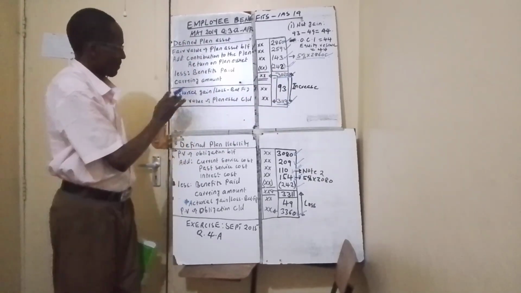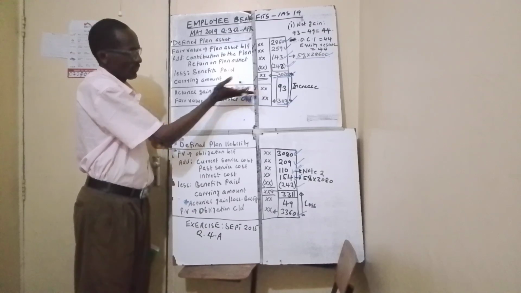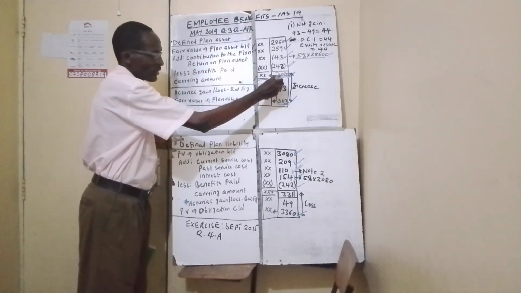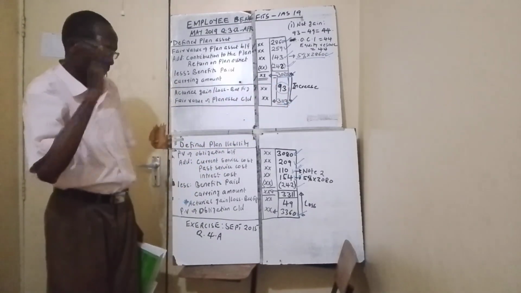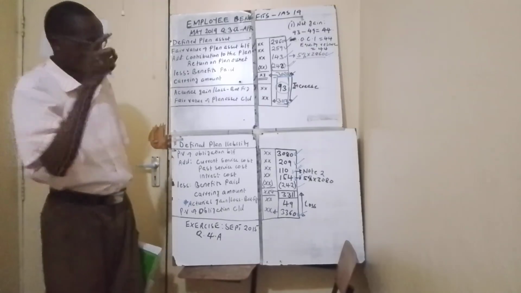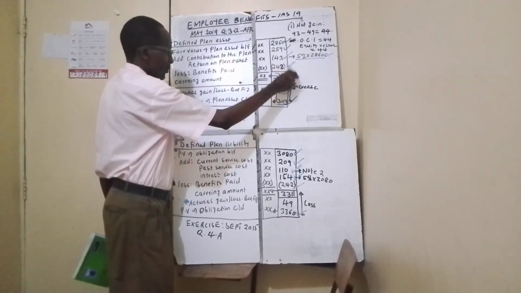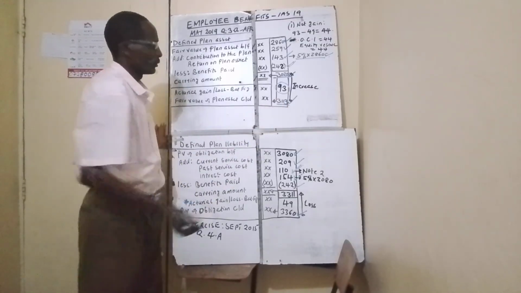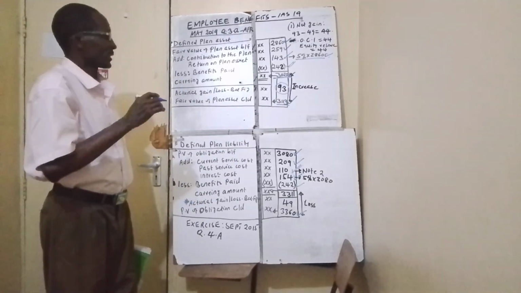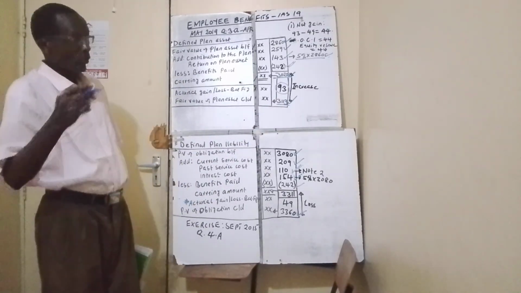My carrying amount, remember, the actual gain or loss is a balancing figure. You do not have this figure. That one is not there. You are the one to fix it there by comparing your carrying amount with the fair value of the plan asset. It can be a decrease or increase.